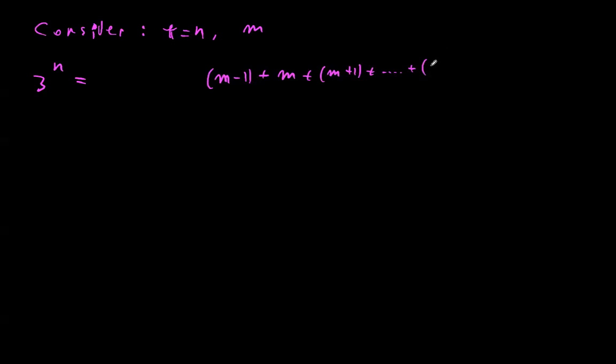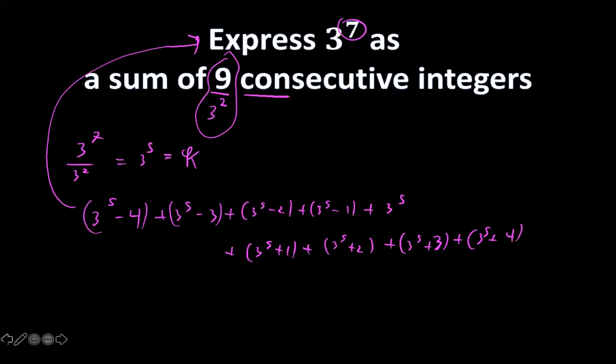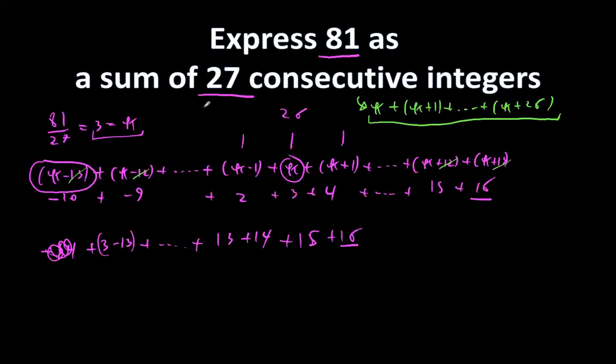Remember what we did before with the example of 27. We had our middle term, and we went down half of how many consecutive integers we wanted.